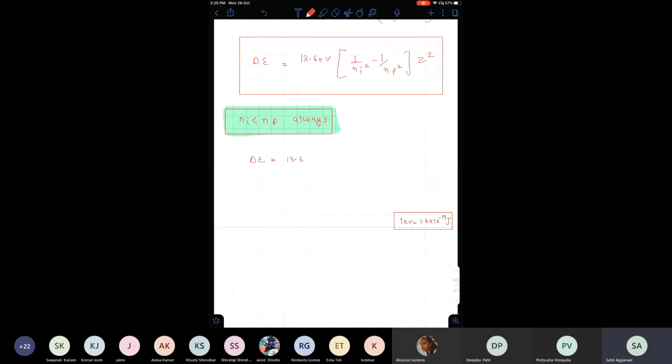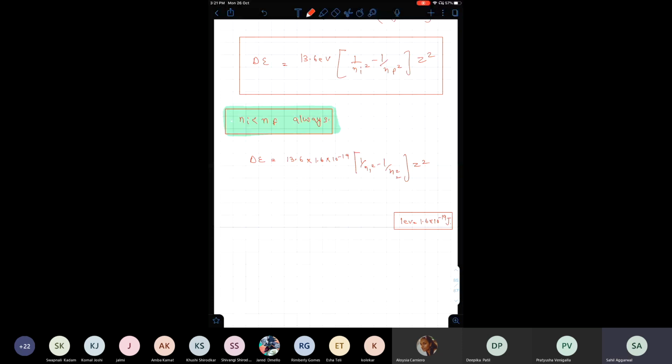Do we know this? तो इलेक्ट्रॉन वोल्ट को जूल में कन्वर्ट कर सकते हैं. 1.6 into 10 to the raised power minus 19 into 1 upon n1 square minus 1 upon n2 square into Z square.